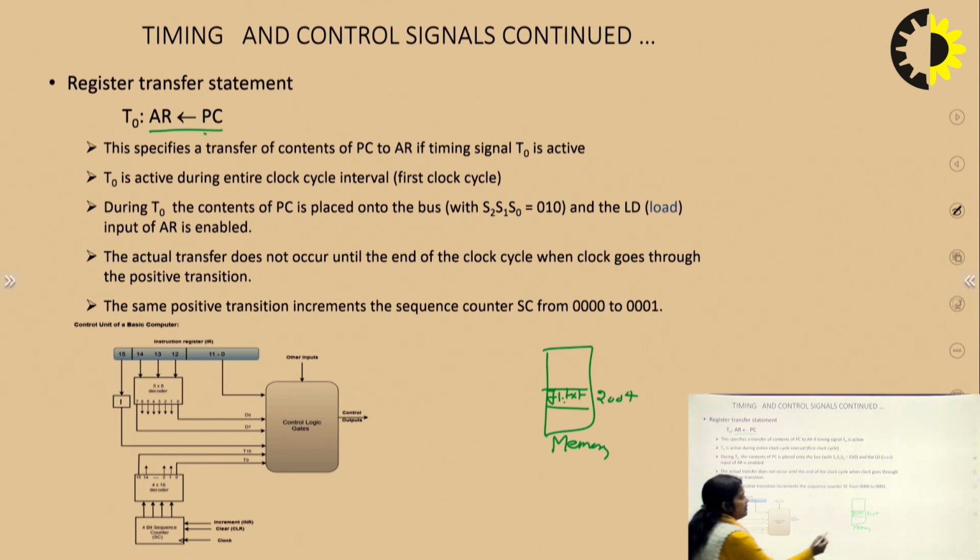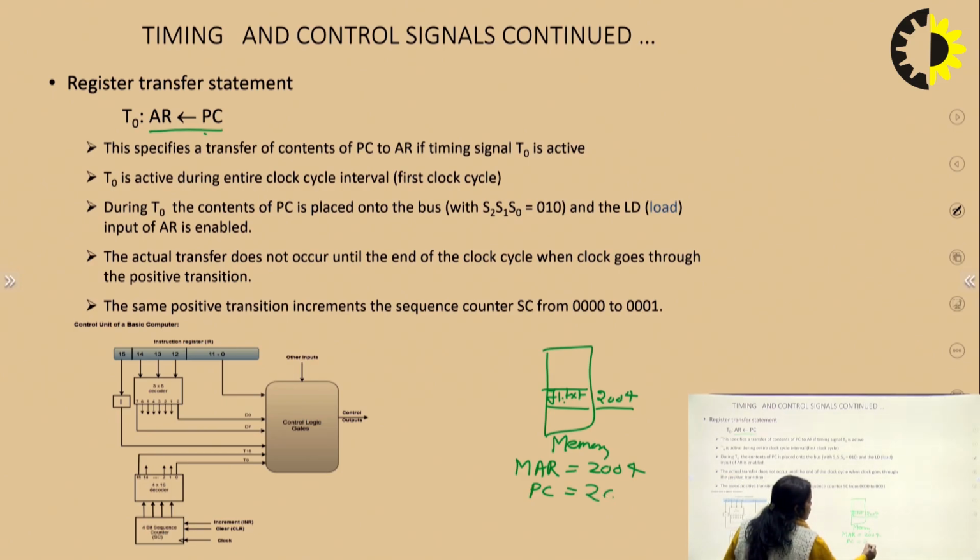So the MAR will store 2004, and the PC, the program counter, will store the address of the next instruction to be executed. So definitely here the program counter value is 2005. What is the meaning of PC to AR? At this timing signal, you fetch the instruction from memory and store its address in the address register.